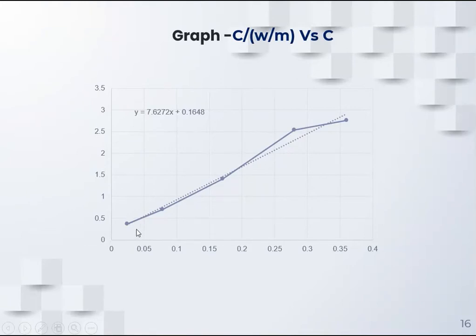this is a view of your graph, and my equation is y is equal to 7.6272x plus 0.1648. Here 7.6272 is the value of your slope.